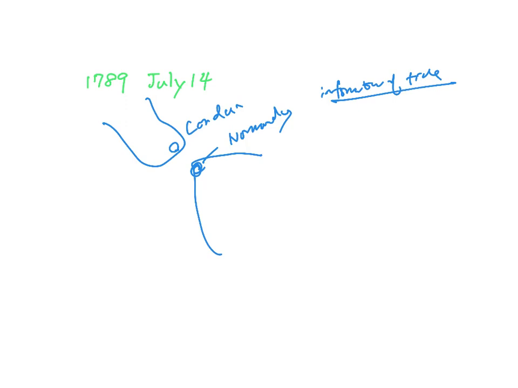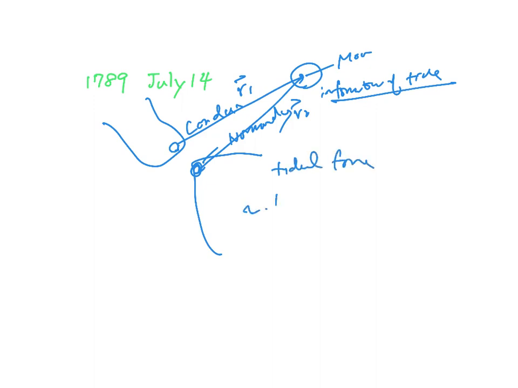So you have to calculate the distance between the moon and London and here, R1, R2. The tidal force is proportional to 1 over R12 squared, which is R1 squared plus R2 squared minus 2 R1 R2 cosine theta, over 1.